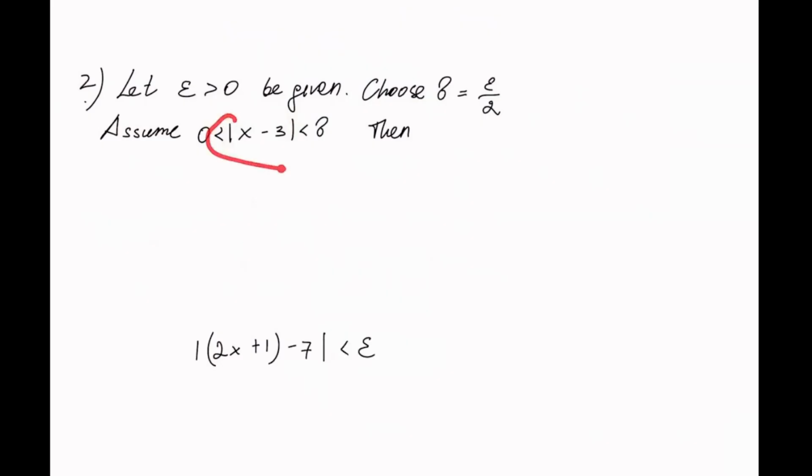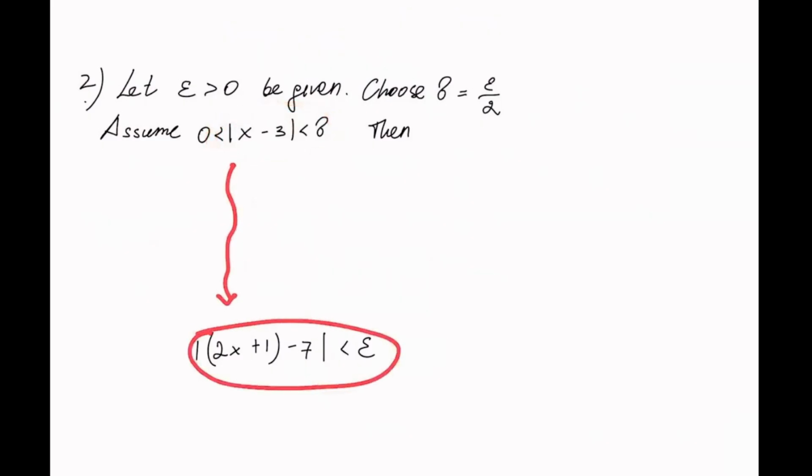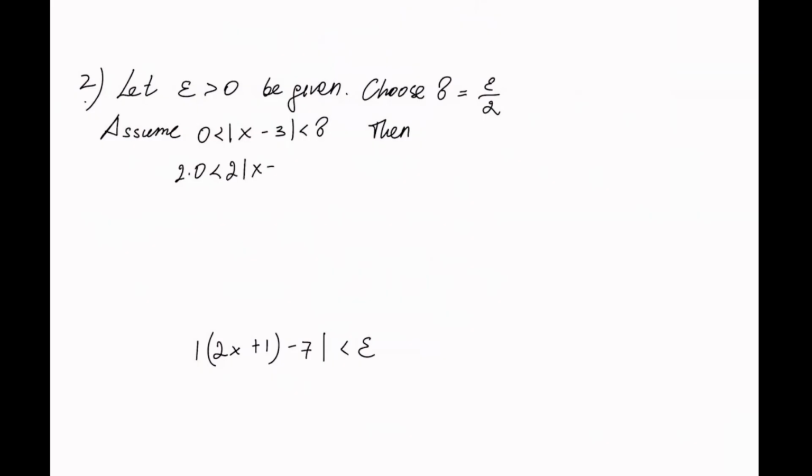So we need to manipulate this if statement so that we get to this then statement. So what do we need to do? It's a good idea to multiply by 2 all three sides, right? So we have 2 times 0 less than 2 times absolute value of x minus 3 less than 2 times delta. So now this one's still going to be 0, so I'll just omit that.